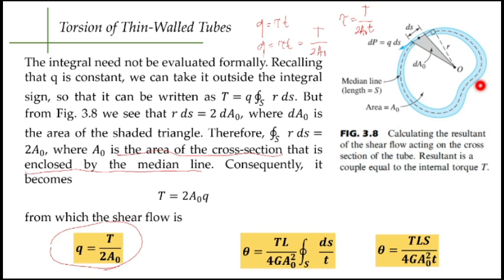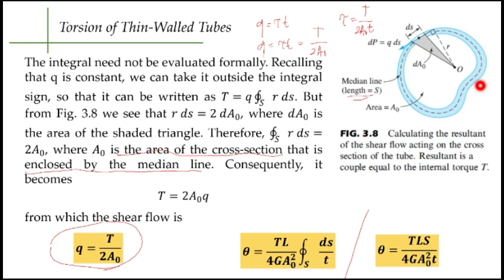Theta is equal to TL over 4G area naught squared multiplied by the cyclic integration of ds over t. Also, you have two formulas. It can also be TLS over 4J area naught squared t. Now, take note that S here is the median line, then t is the thickness for that certain portion where that median line is.